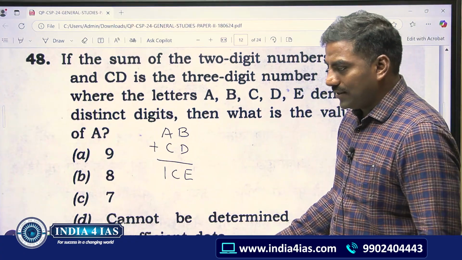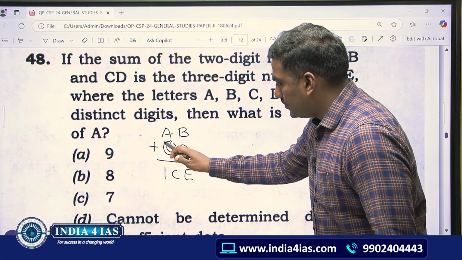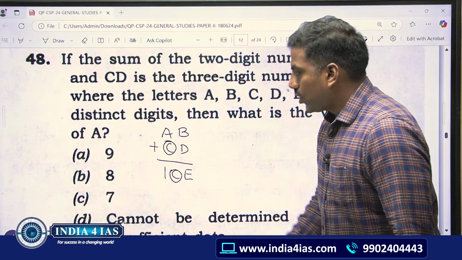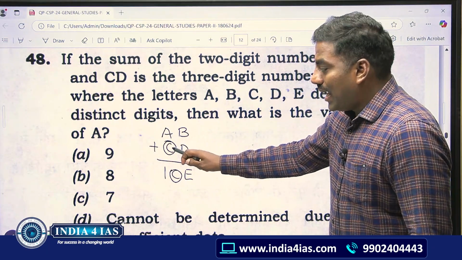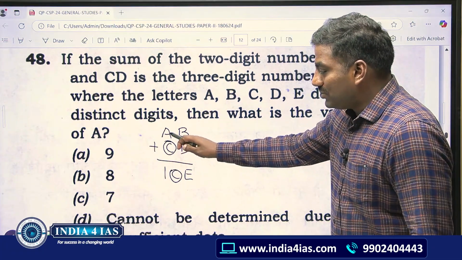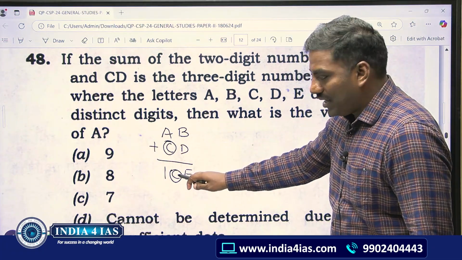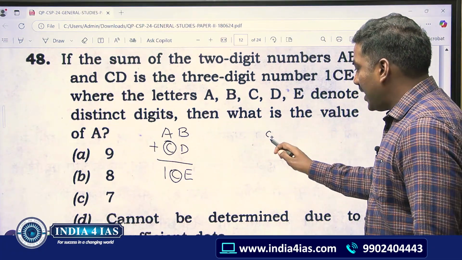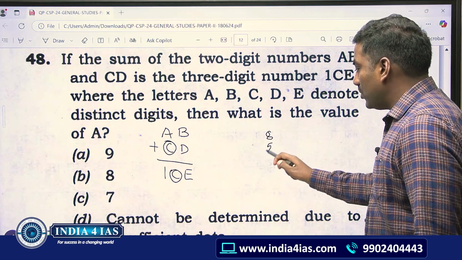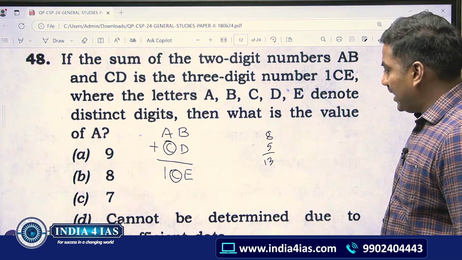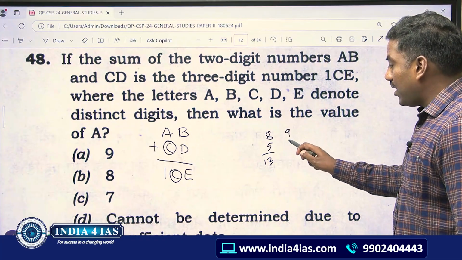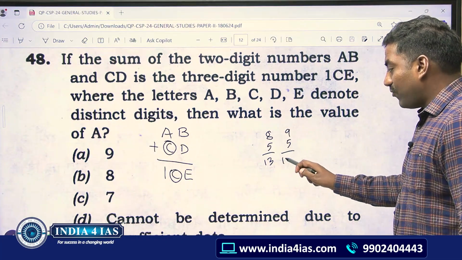But focus here, C is common. Whenever I add a number to something and I want the same digit here, for example, 8 plus 5, I get 13. That is not my intention. 9 plus 5, I get 14.